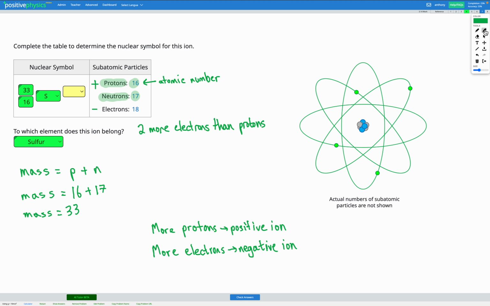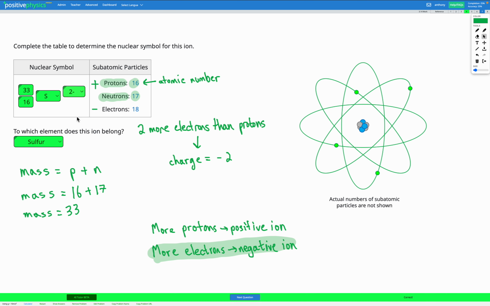So according to my rule, more electrons means we have a negatively charged ion, and we've got 2 more electrons than protons. So that means our charge is going to be -2. So in my nuclear symbol, my charge is going to be 2 minus.